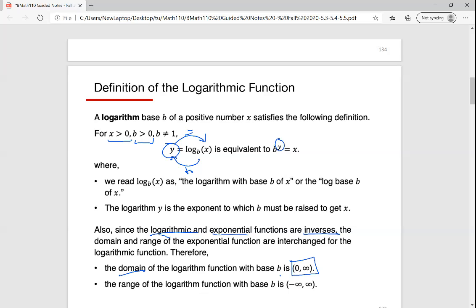And the range of the log function with base b is all real numbers from negative infinity to positive infinity, similar to the domain of the exponential function.